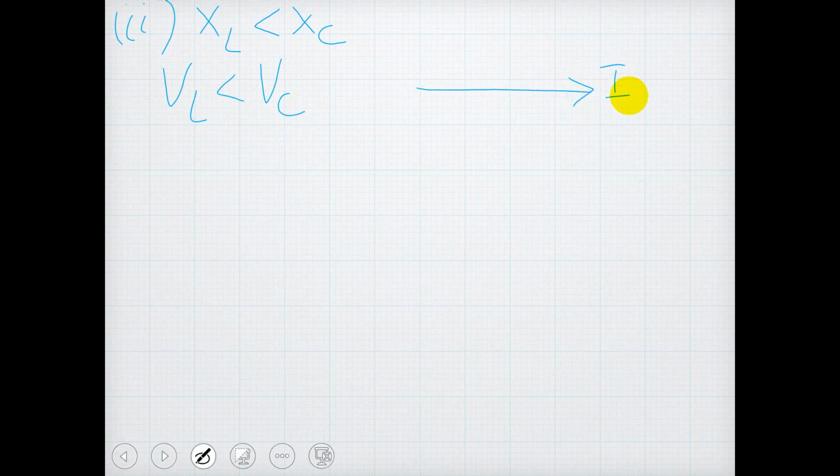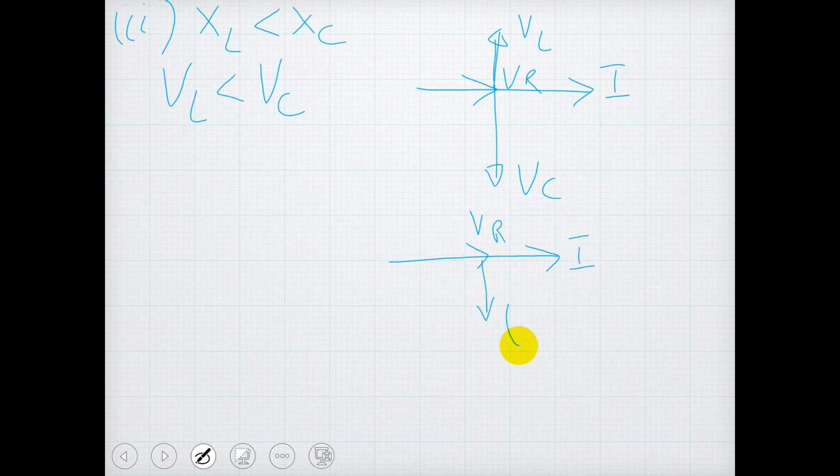If I is here, VL is this and VC is now more. Correct. So if you rewrite this phasor, this is I, this is VR.